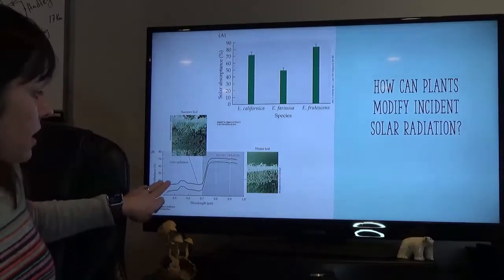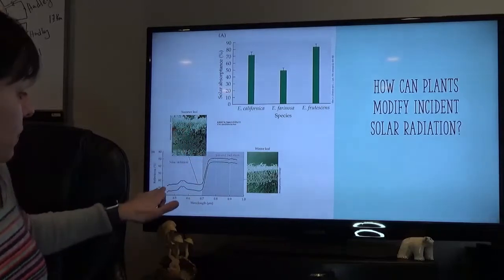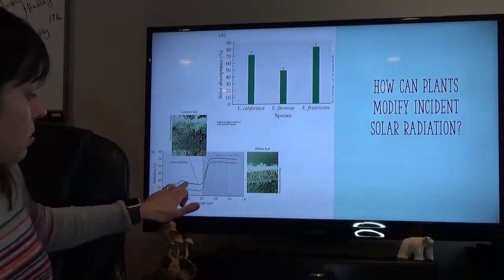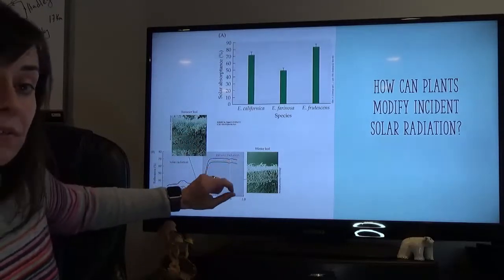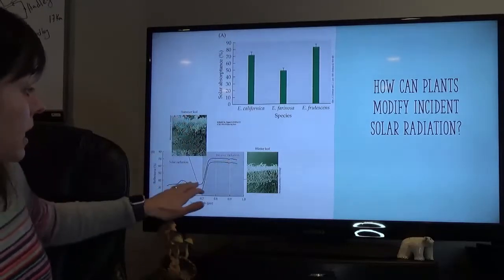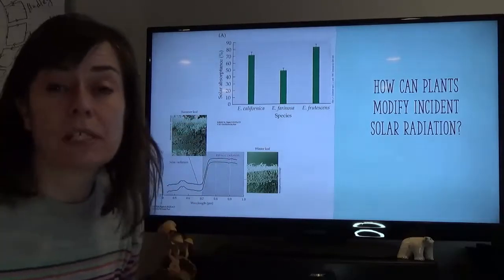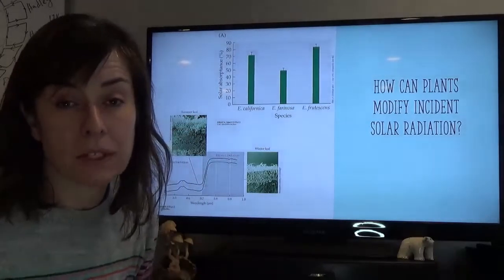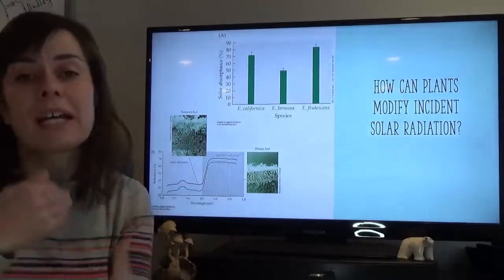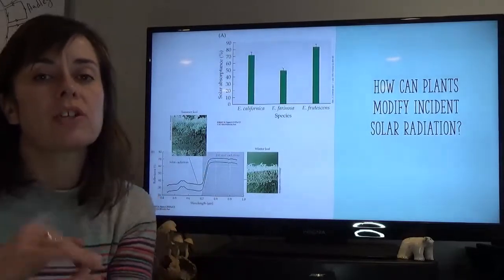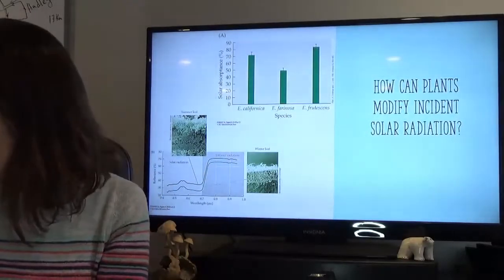We would expect a higher reflectance with the more pubescent surface, and that's exactly what we see. This black line is the summer leaf, the green line is the winter leaf. The summer leaf has greater pubescence, and the infrared radiation and the solar radiation reflected from that surface are higher as a consequence of those little white hairs. So even though plants cannot get up and move to a shady location, they can in some ways create some shade themselves.